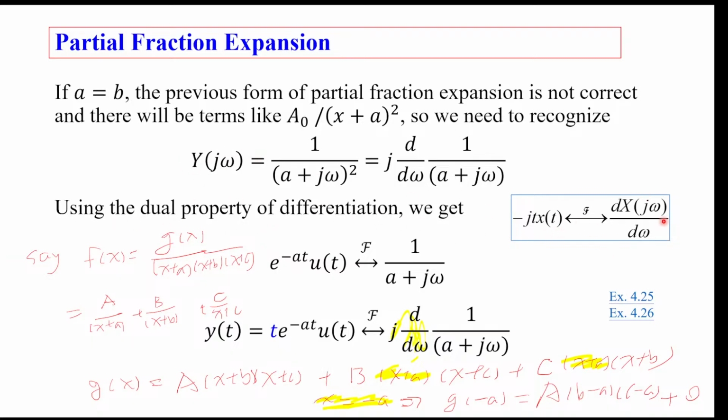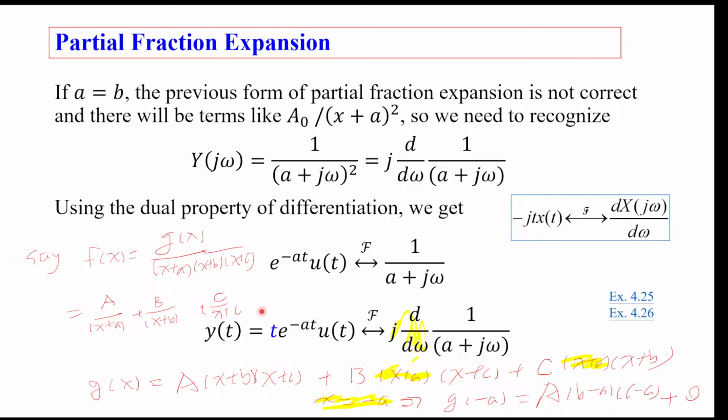On the frequency domain you do differentiation, then on the time domain you get a factor of minus jt. So 1 over a plus j omega has a Fourier transform pair e to the minus at u of t, and then differentiating in omega gives a factor of minus jt, and together with the j you just get t here.